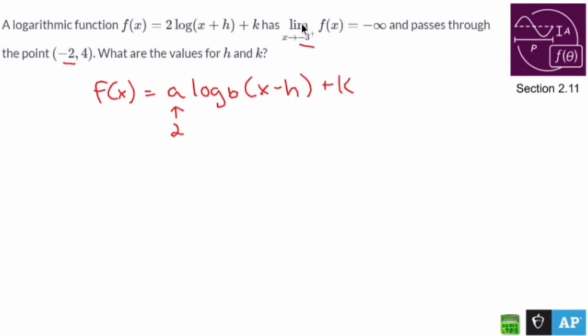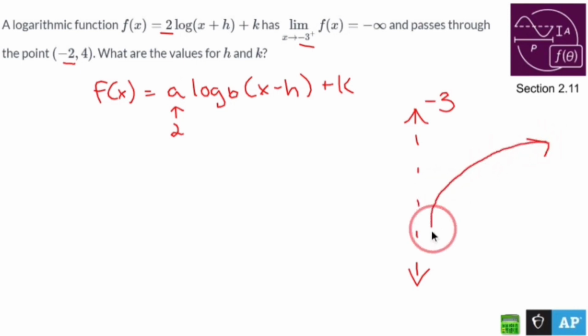Okay, if the limit as x approaches -3 from the right is negative infinity, and this guy is positive, that tells me when graphed, I'm going to have a vertical asymptote at -3, because this picture is going to go like that.